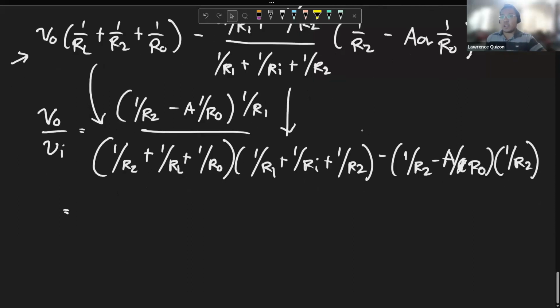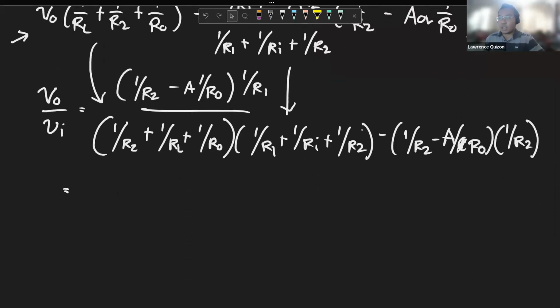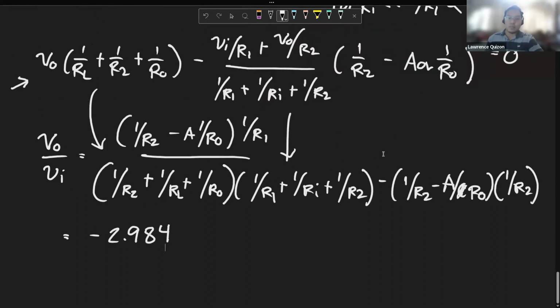So if you substitute everything, you should get something like minus 2.984 dito sa problem na to, no? Na nandun sa slides.